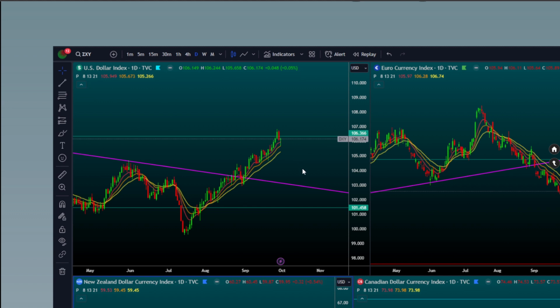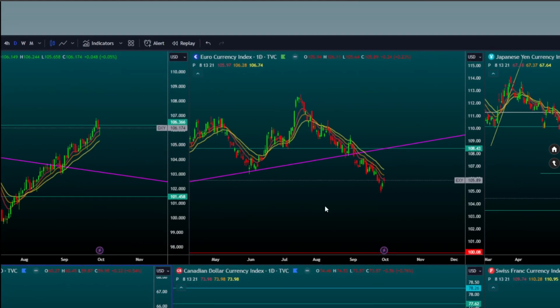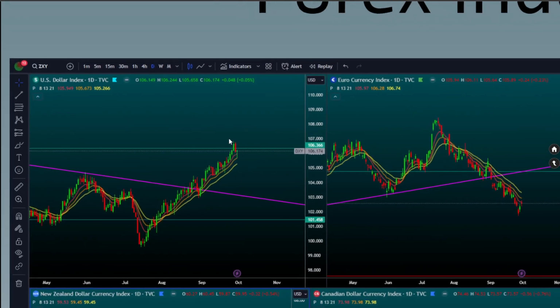If that happens, probably the stock market could breathe up a little bit, but also the EXY could make some kind of correction movement to the upside, which would be perfect to retest the broken trend line and the level 108.45. But as long as the DXY is trying to break this level, I don't think it's going to happen. So we need a structure break.